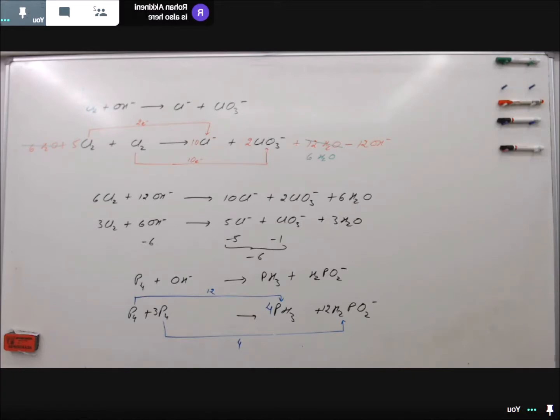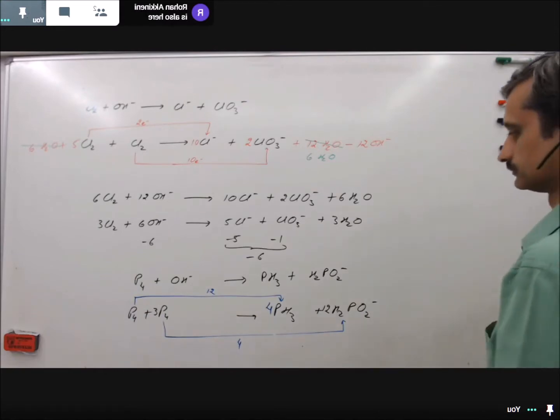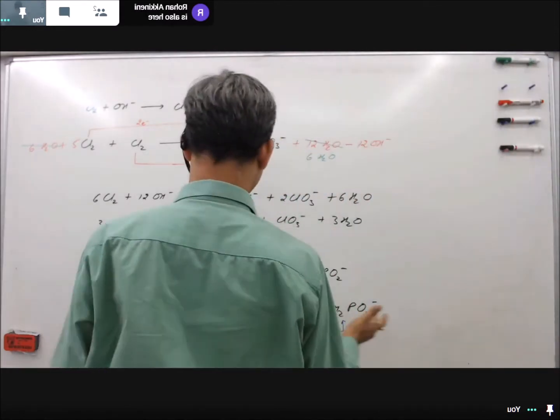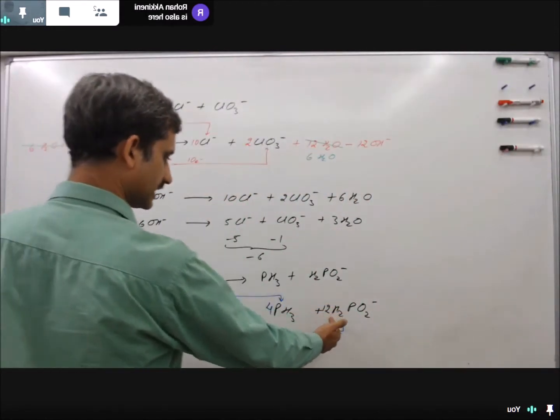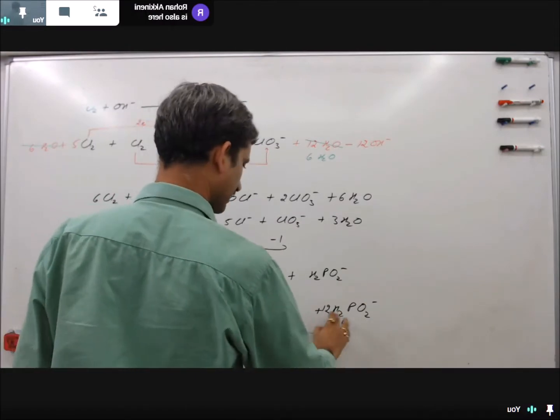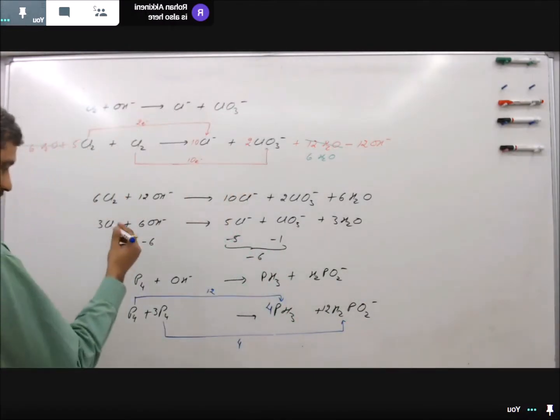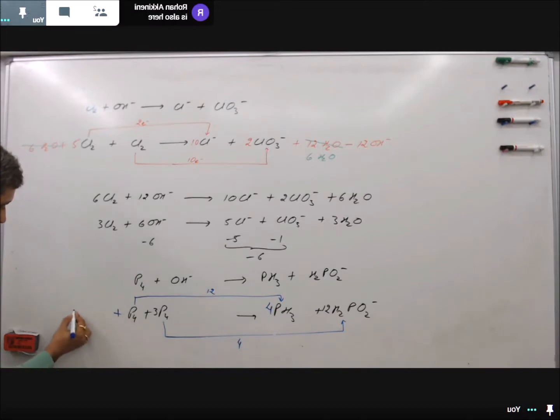Sir, we get 15 H2O plus P4 plus 9 OH minus, which gives PH3 plus H2PO2 minus. Okay, so on the left hand side we have no oxygen, right hand side we have 24. So here we have 24 H2O.